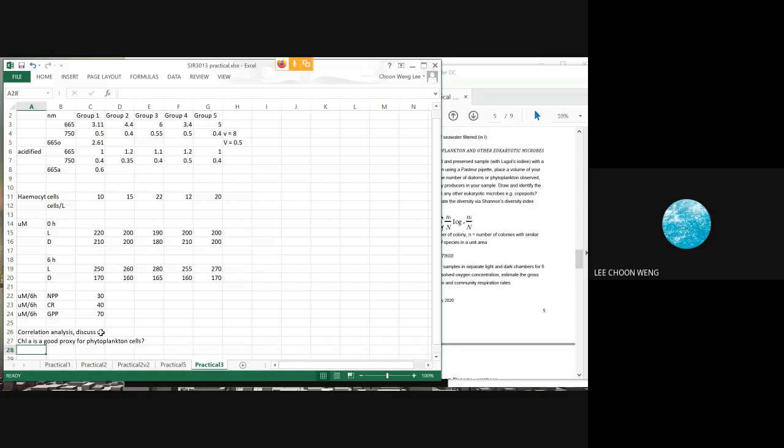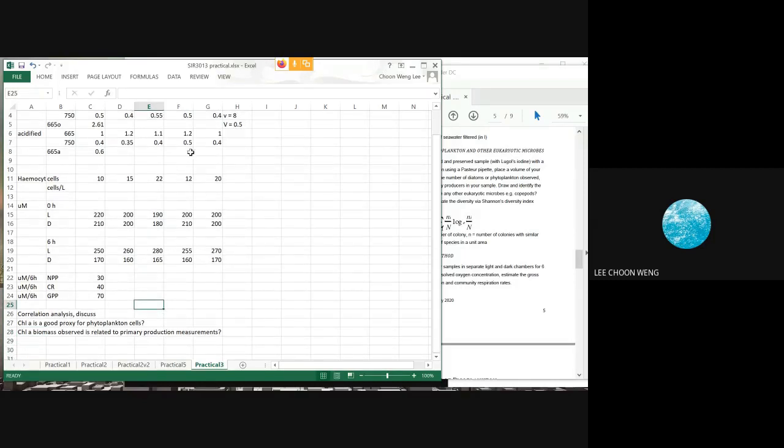Discuss whether the chlorophyll A biomass that you observe is related to the primary production measurements. So you can carry out simple analysis and then write a short report on this.